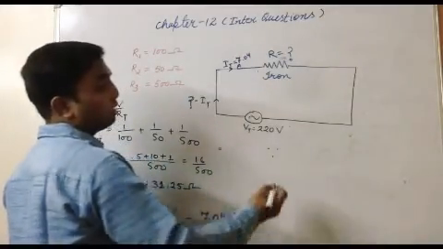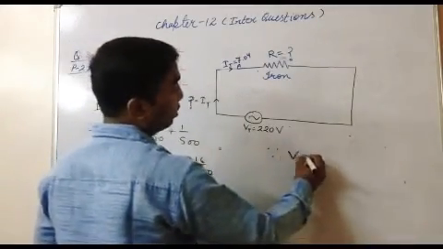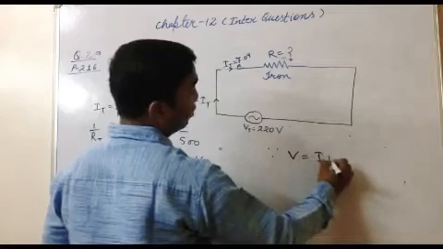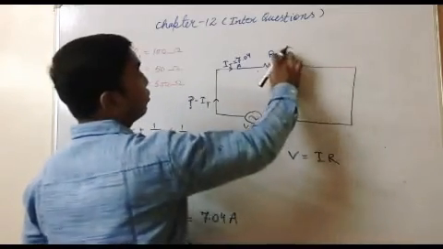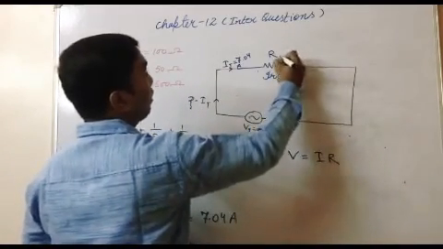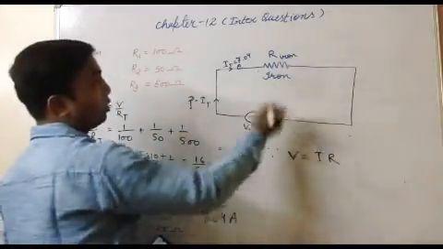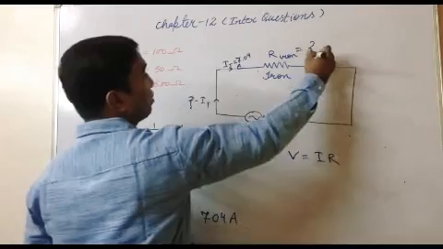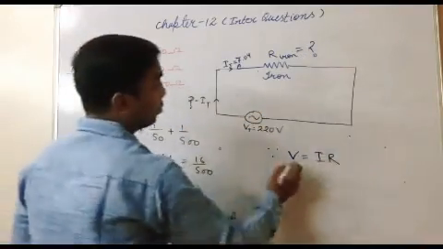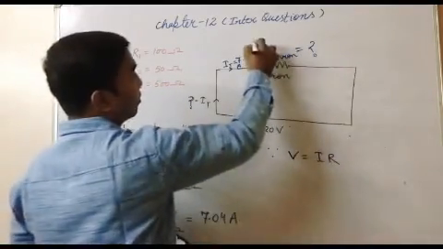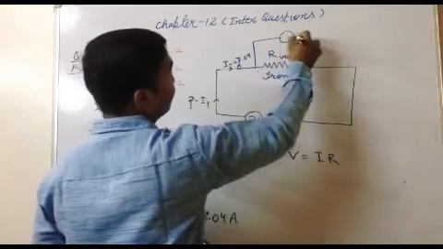So we'll use which formula? V equals I into R. You can name it R of iron. Now we want to calculate the resistance of this iron. So we should know the potential difference.